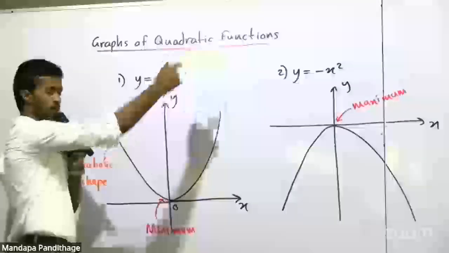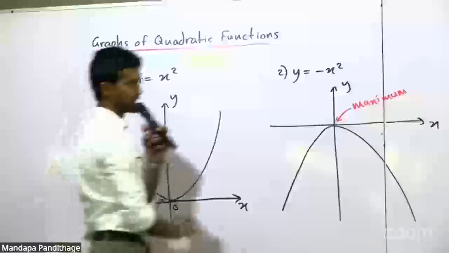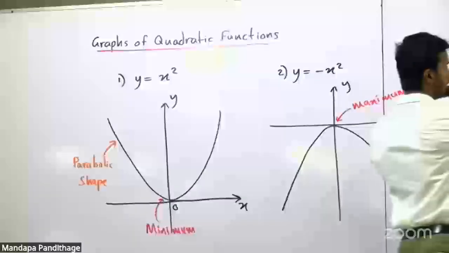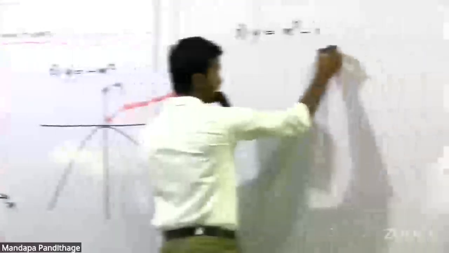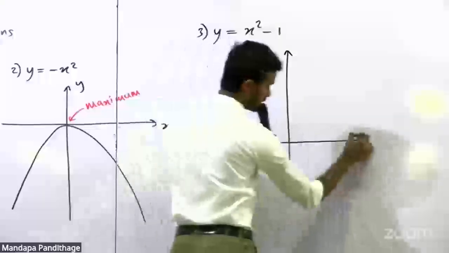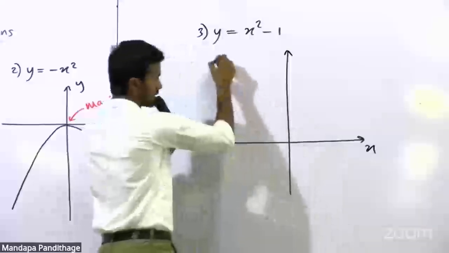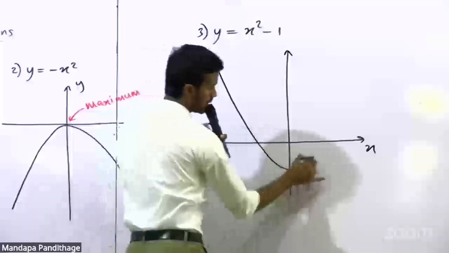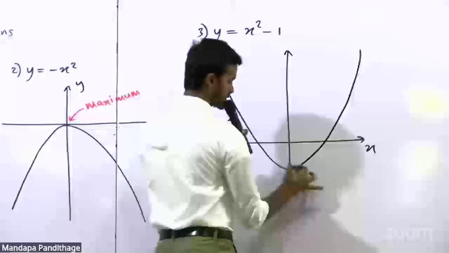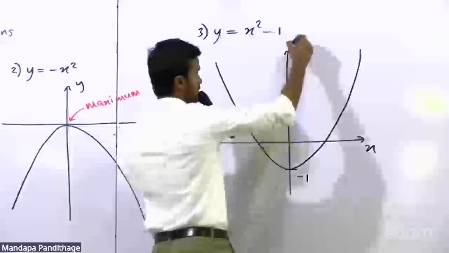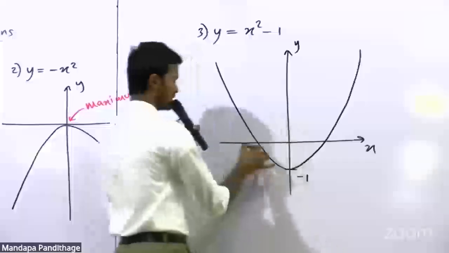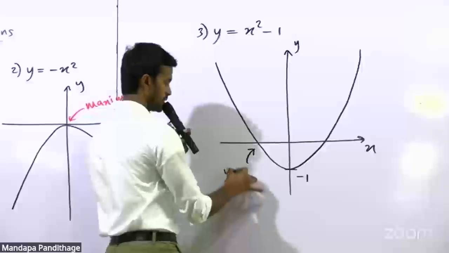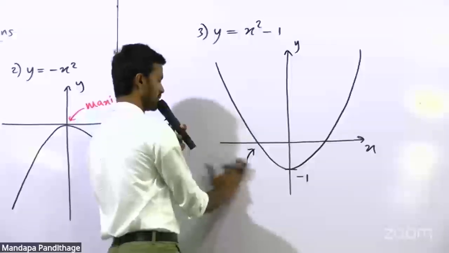It's minus 1, so this exact y equals x squared graph comes down by 1 unit, which means now this is minus 1. You don't have to write it again.